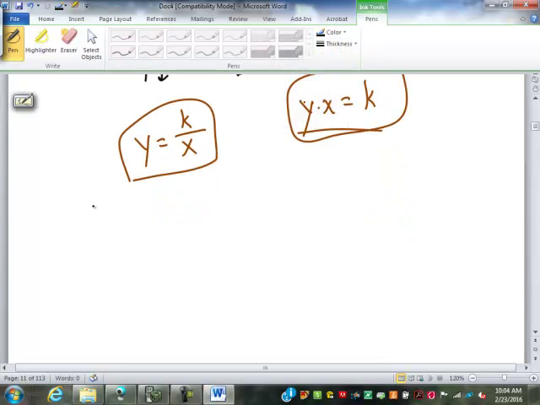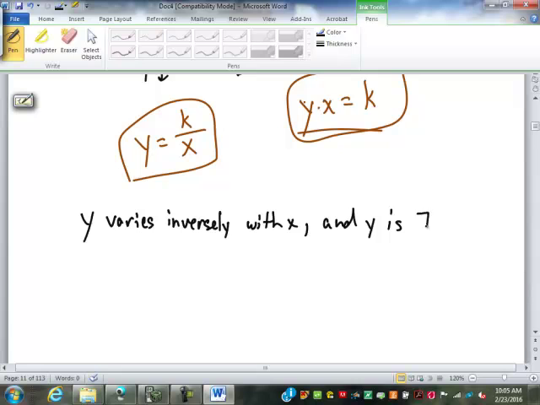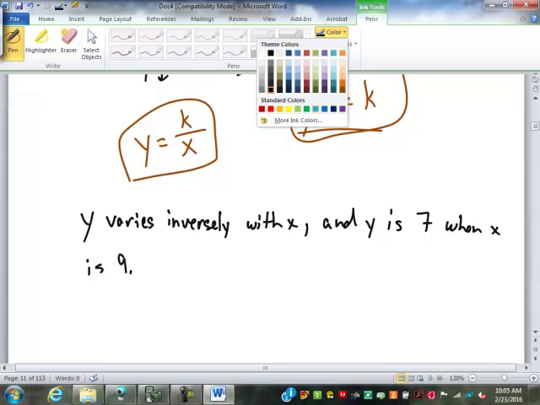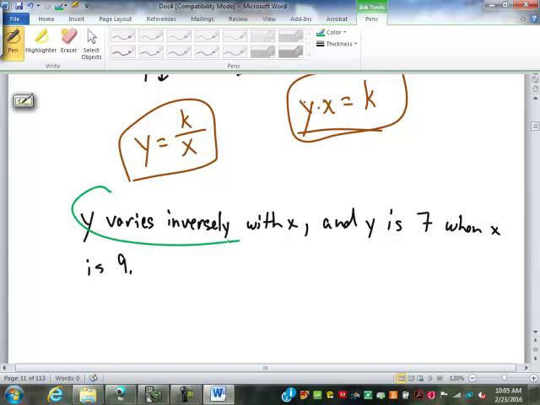So if we were told y varies inversely with x, and y is 7 when x is 9. Well, first of all, let's figure out what that's telling us. Y varies inversely with x tells us what?